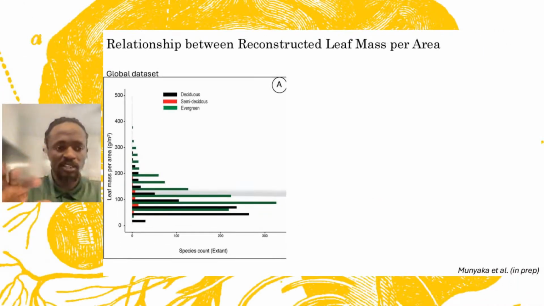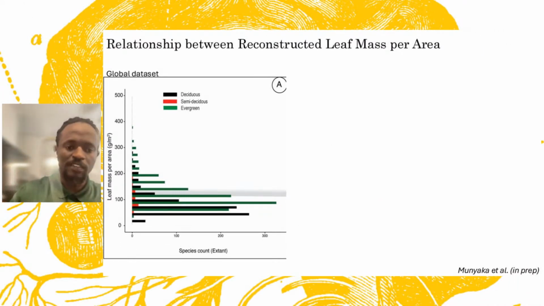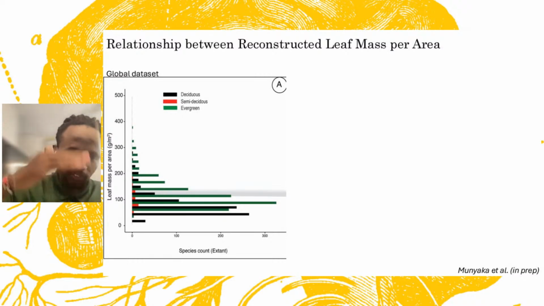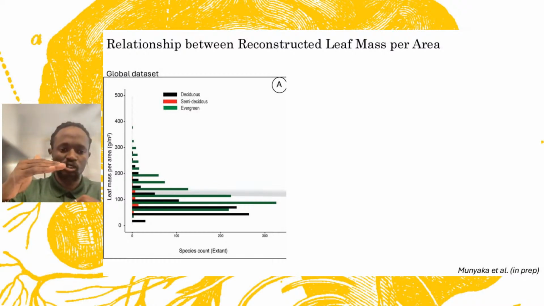So the next thing that we did, going back to the leaf habit, the relationship between the big leaf and the stalk that it connects to, is that we got some global data sets. So big shout out to Loie. He gave us this global data set, and we filtered it on these specific classes of reconstructed leaf areas. So taking a modern leaf and treating it as a fossil leaf, reconstructing its leaf mass per area, and then dividing it between deciduous, semi-deciduous and evergreen.